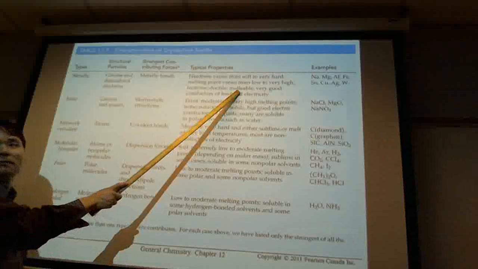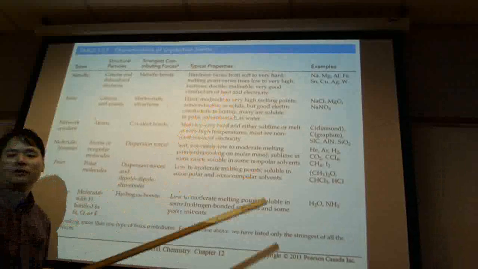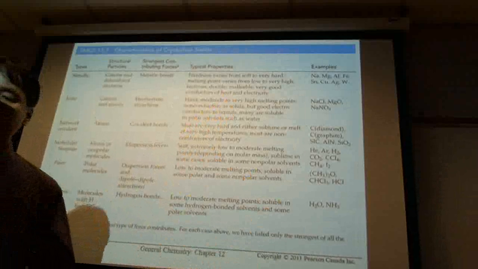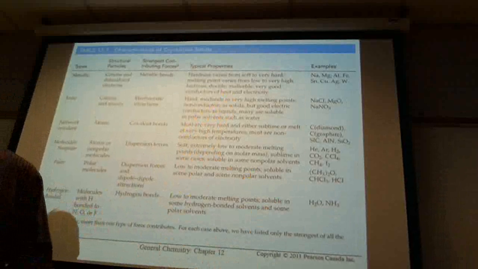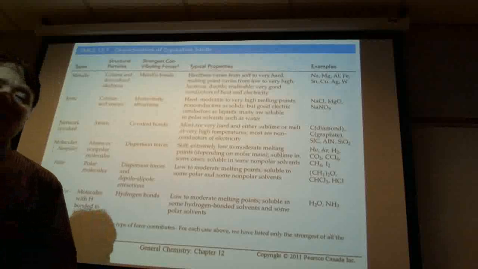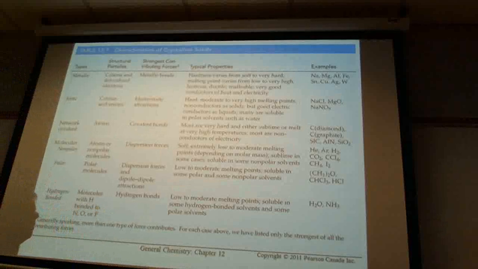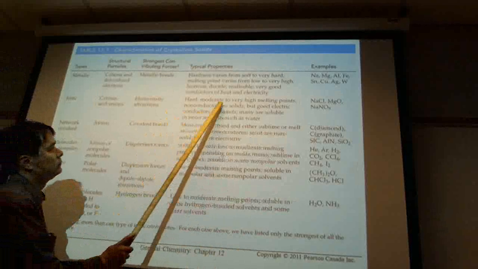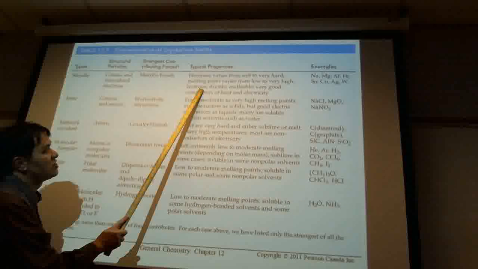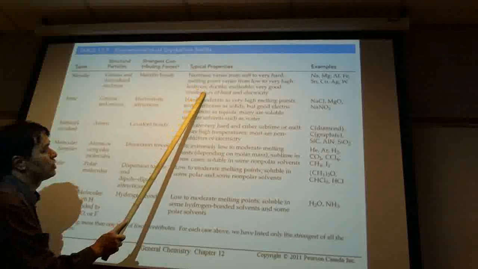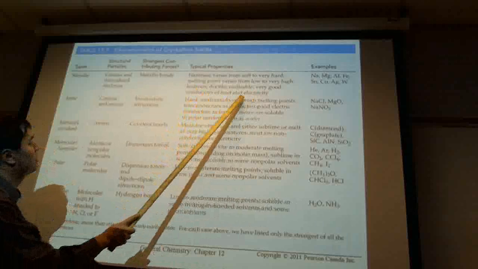Malleable means you can shape them into different forms. They're all very ductile and malleable because the bonding isn't very directional. You don't have these sp3, 109 degree bonds that you have to maintain. And they're lustrous because of the electrons, and they're good conductors of heat and electricity.